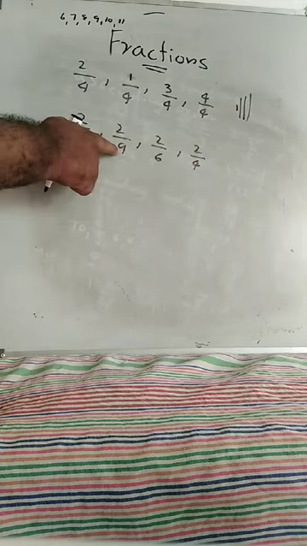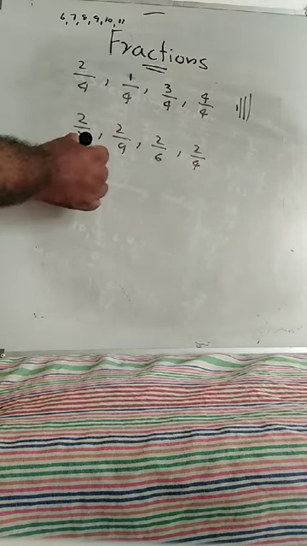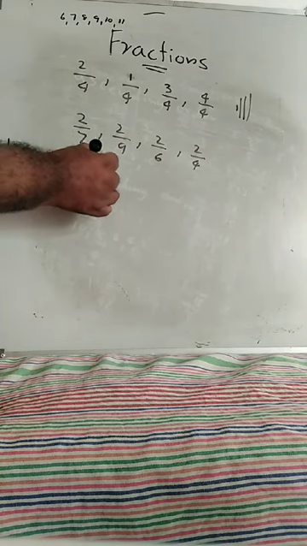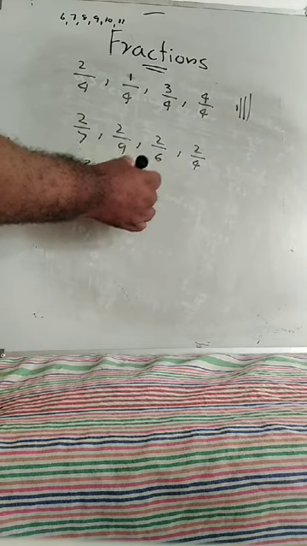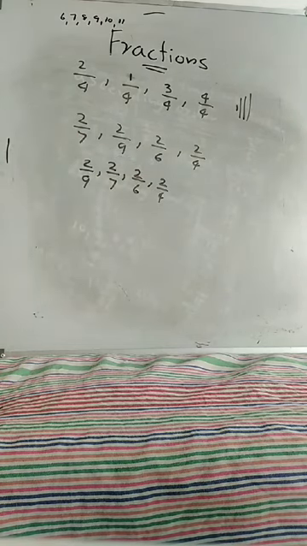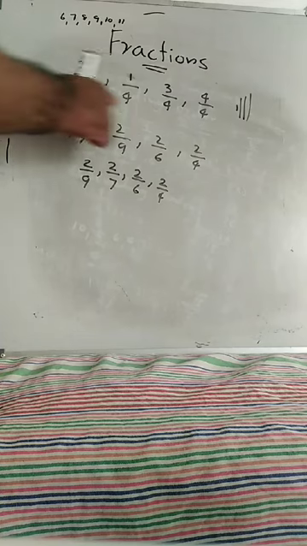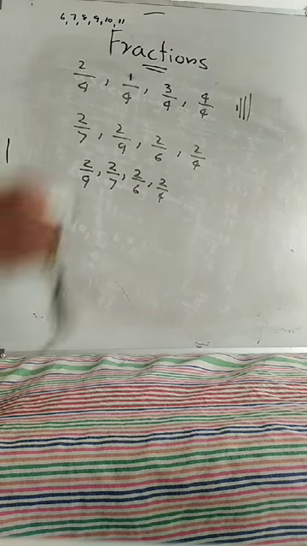The biggest denominator is 9. Then 2 upon 9 is the smallest number. Then 2 upon 7, 2 upon 6. Then 2 upon 4 is the biggest one. Ascending order. Understand? When denominator is equal, when numerator is equal. Right.